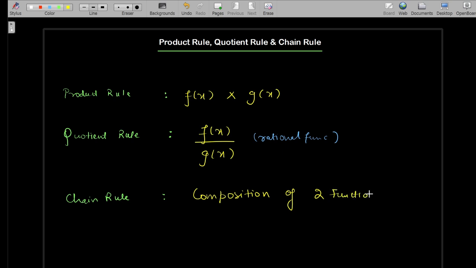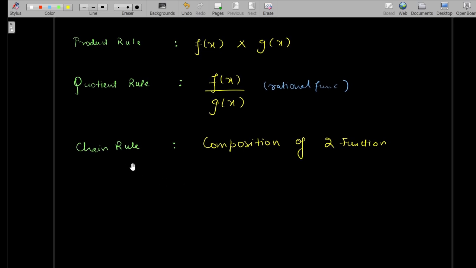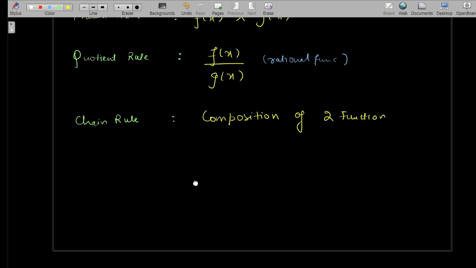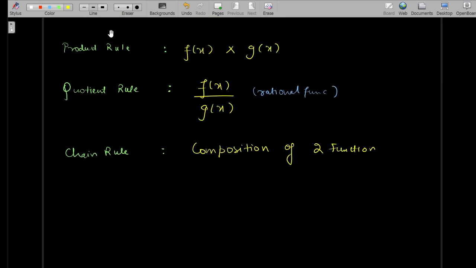For example, see, product and quotient are very easy to identify, when you have to use the product rule, when you have to use the quotient rule. The chain rule, you have to use it whenever you see composition. Composition means what? Composition is when there is one function as the input of the other function.